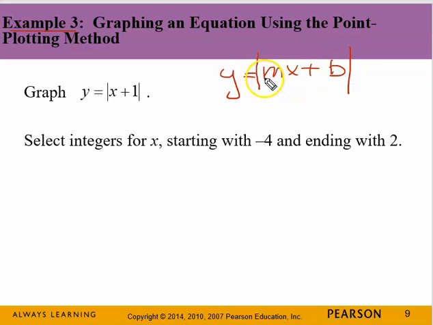So you're going to put values into this, but you will only want their positive results. Now they're setting up criteria that you want to start your values with a -4 for the x and a 2 as an ending value.